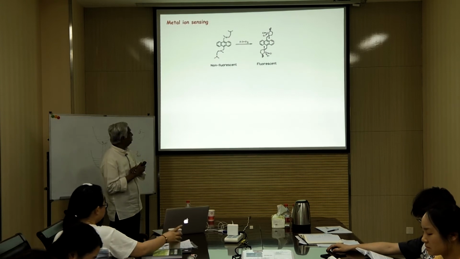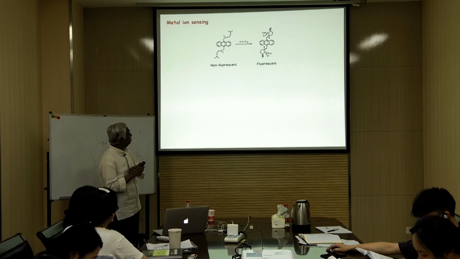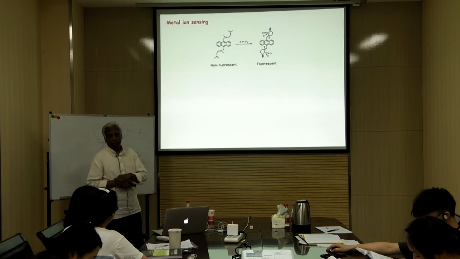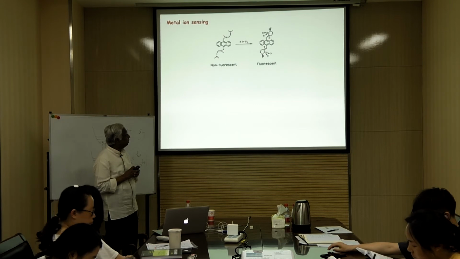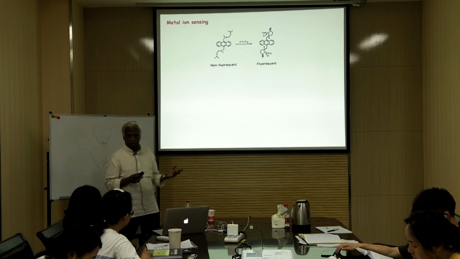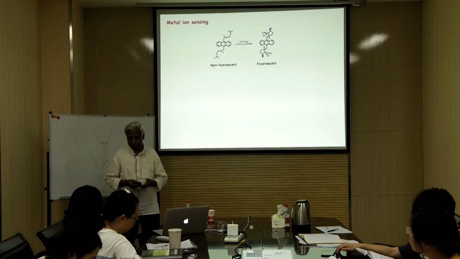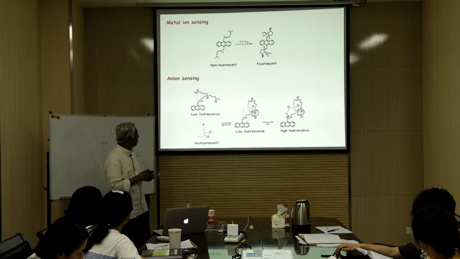This lone pair from the amine will quench the fluorescence. Now, depending upon how you tie up this lone pair, that can become the sensor for that thing. If you use zinc chloride, the zinc will interact with the lone pair. Now, if the lone pair is tied up, this molecule is going to become strongly emissive, and then it becomes a zinc sensor.